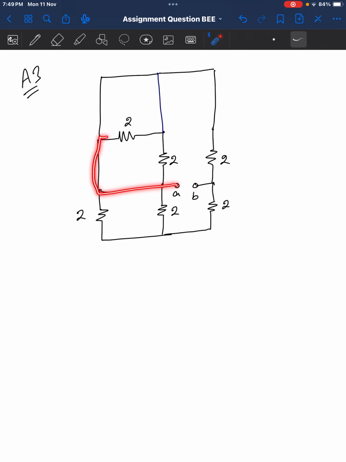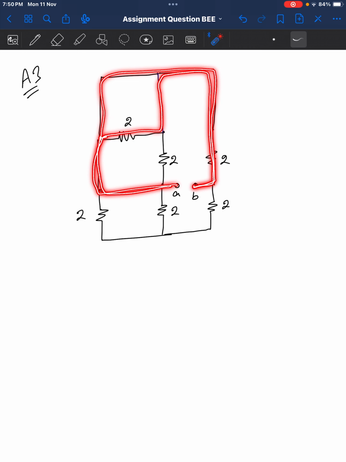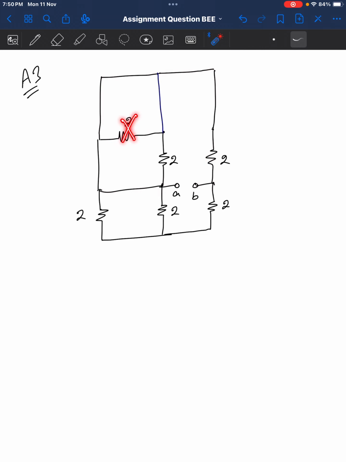From A to B you need to go like this, and here you reach B. Also you can go from A this way and come to B. Out of these two options, why would current go through the 2 ohm when this 2 ohm is short circuited? This doesn't have any use because the current is going via this. So that's why we can remove this one also from the circuit.